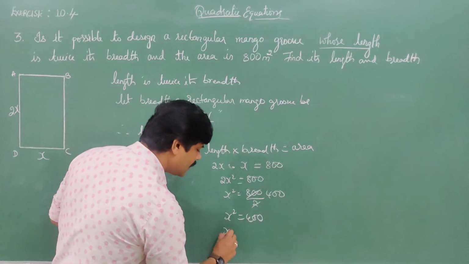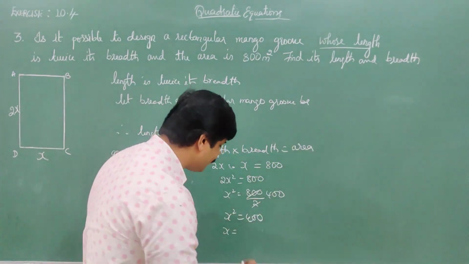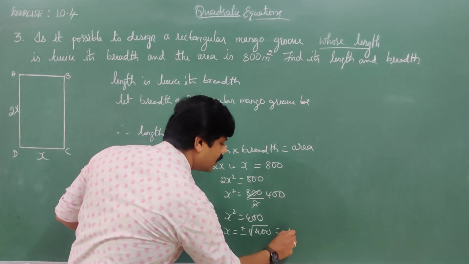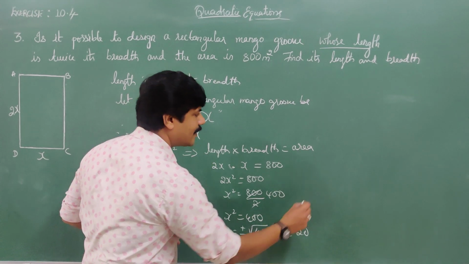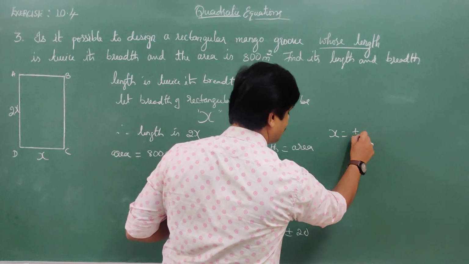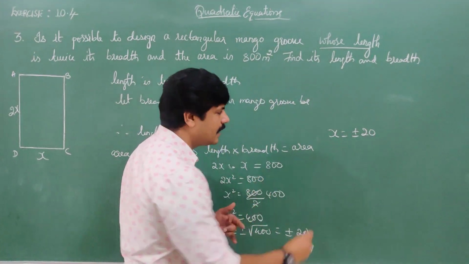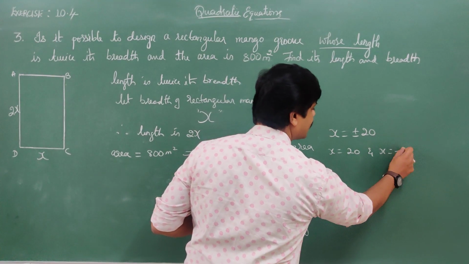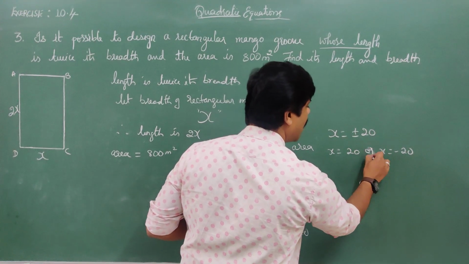Taking the square root on both sides, x is plus or minus the square root of 400, which is plus or minus 20. That means x is equal to plus 20 or x is equal to minus 20.